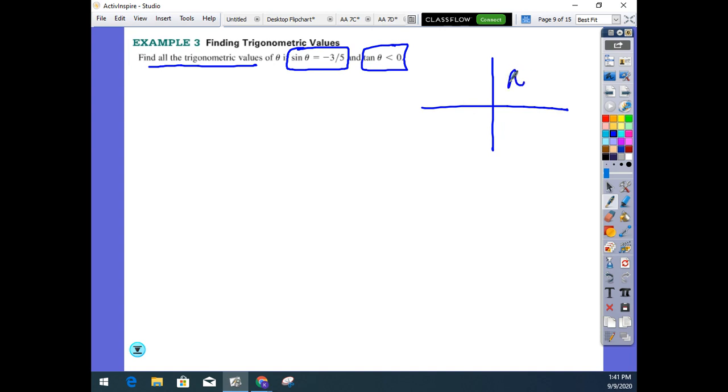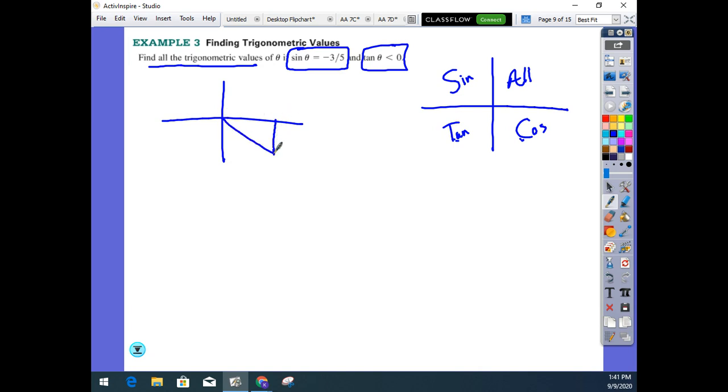I always say to remember where things are positive, all students take Calc. That means sine is positive in the second, tangent's positive in the third, and cosine's positive in the fourth. So this wants to know where sine is negative, which is the third and the fourth, and tangent's also negative, which is going to be the fourth.